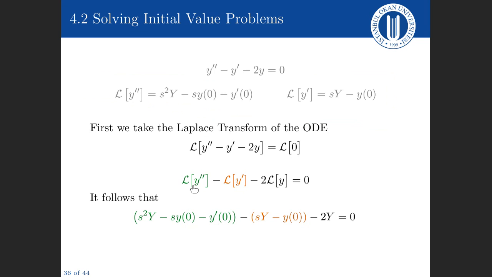The Laplace transform of y'' is s^2 Y - s y(0) - y'(0). The Laplace transform of y' is sY - y(0). And then we have minus 2 multiplied by Y, equal to 0.